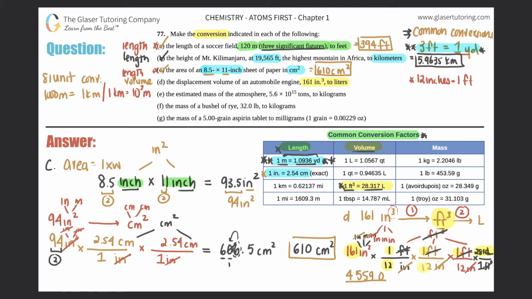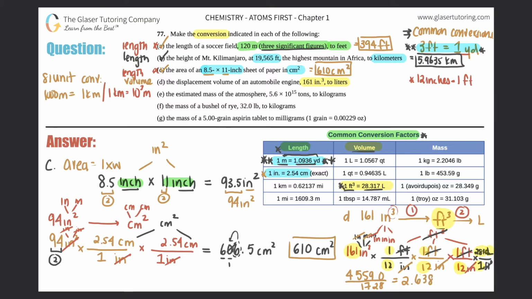So 12 times 12 times 12 times 1. So basically 12 times 12 times 12. You get 1,728. So now you just have to divide those two. So this divided by 1,728. You get 2.638.